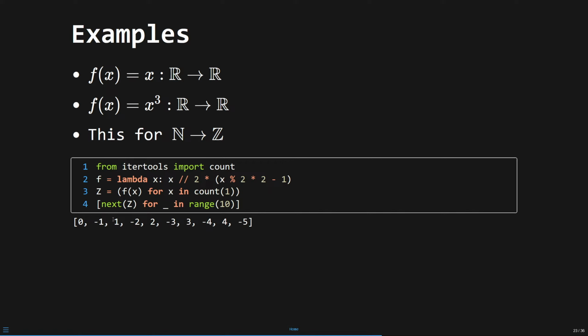Then we take 3: 3 integer division 2 is 1, 3 mod 2 is 1, 3 mod 2 times 2 is 2, 2 minus 1 is 1. So we take 1 times 1 and we get 1, and so on. So this here is the integers constructed from the naturals.